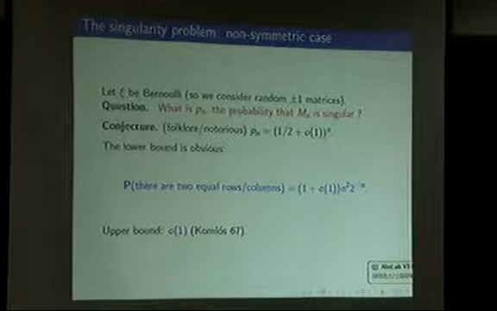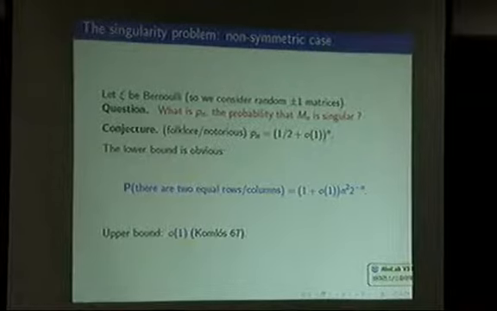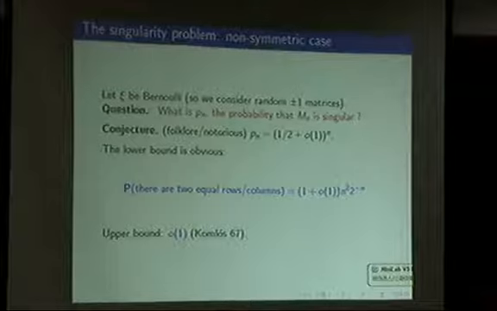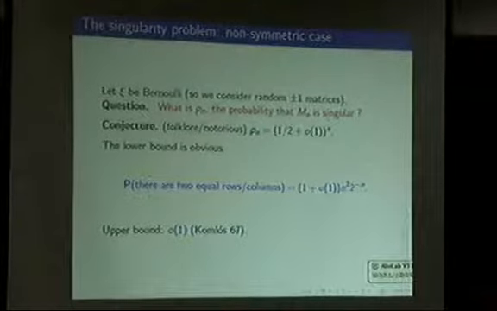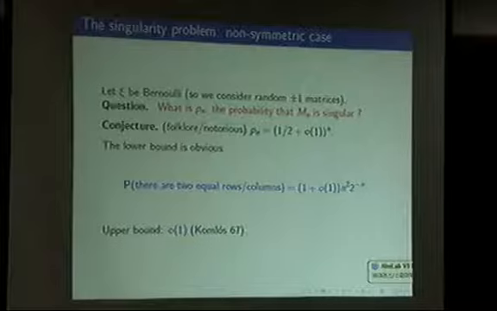Okay. And to illustrate that it is a hard conjecture, we are aiming for something very specific. First of all, it is exponentially small in n, and we are aiming for a specific base here, right? It should be half. But even to prove that Pn goes to 0 with n is not so easy.